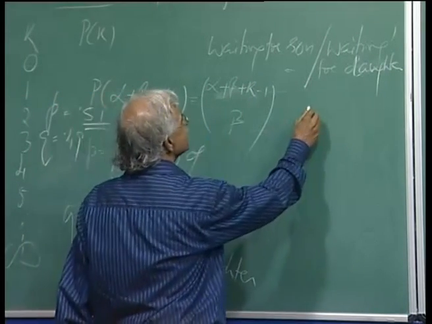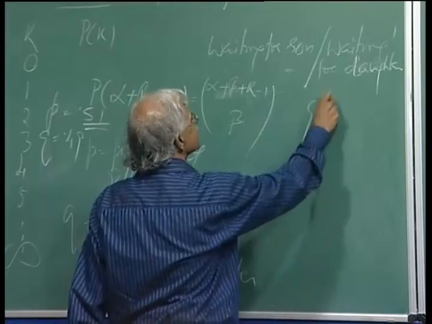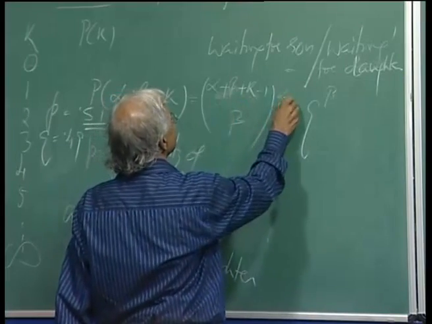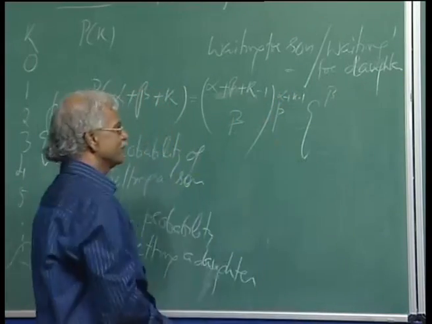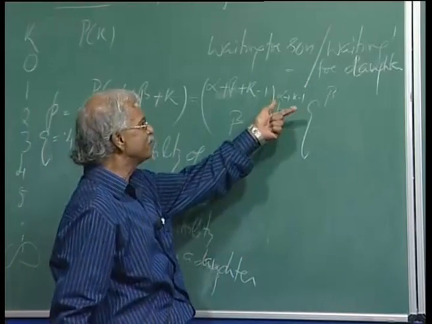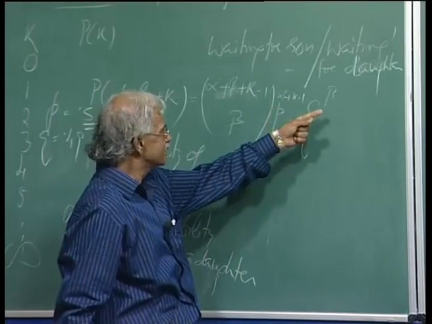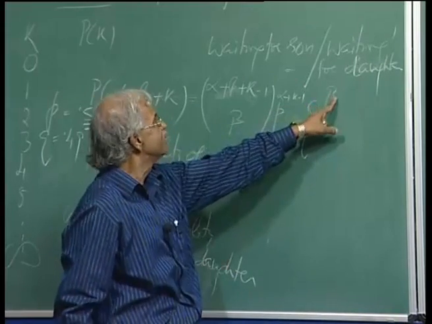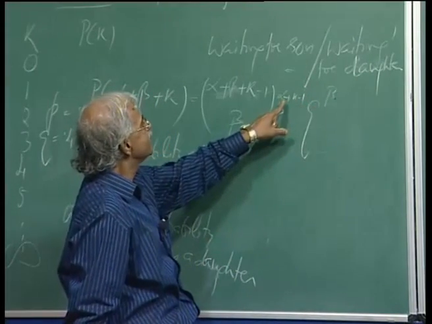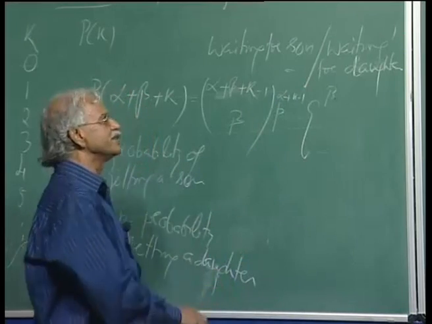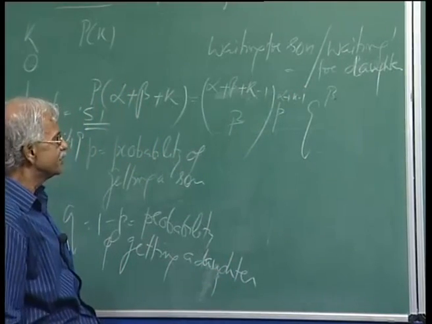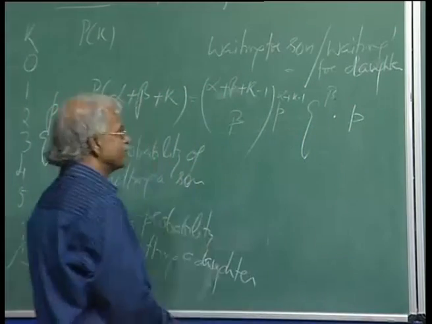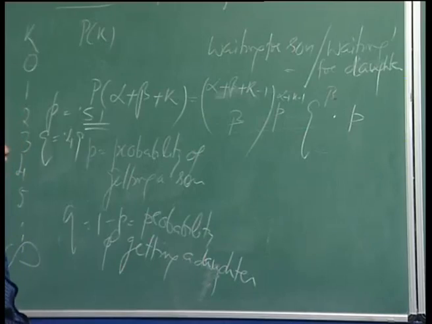So, out of these, I can write q raised to power beta, and p raised to the remaining ones, alpha plus k minus 1. Out of alpha plus k plus beta minus 1 children, they have beta daughters, and the remaining ones are all sons. Now, they have a son, into P. P is the probability of getting a son. So, now they have a son.